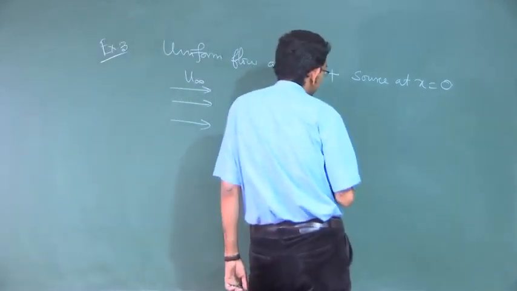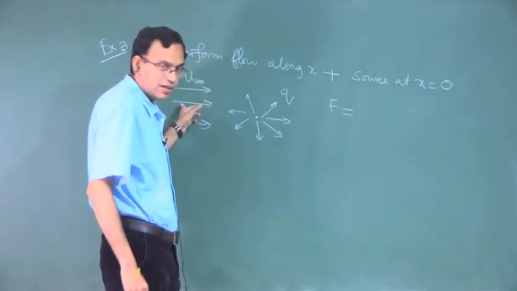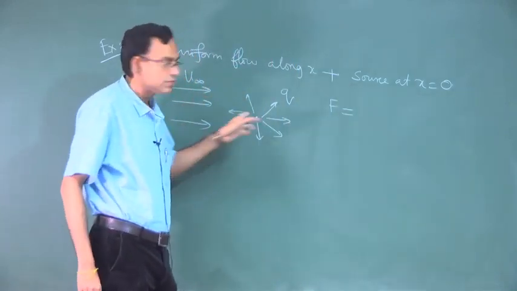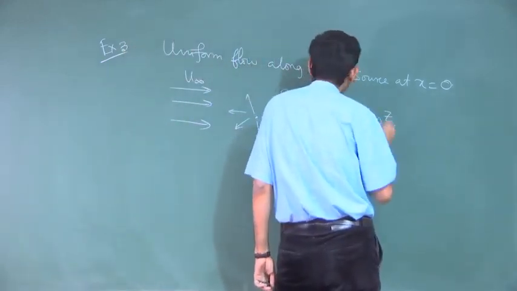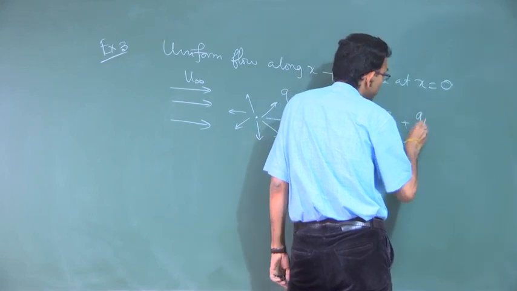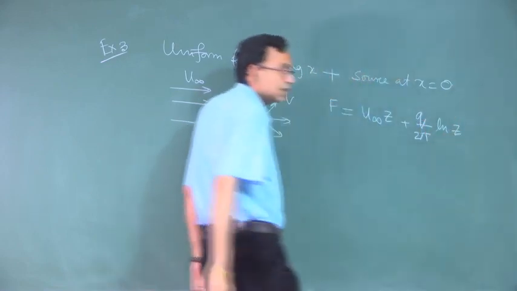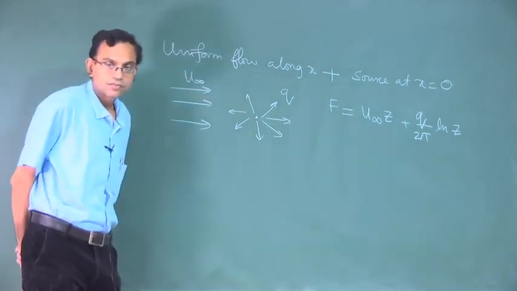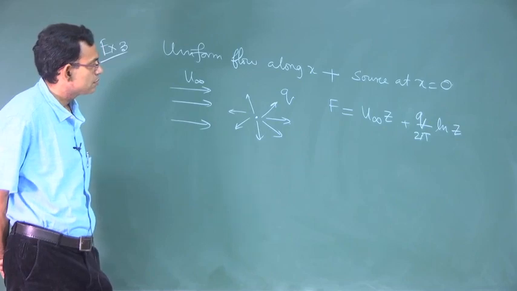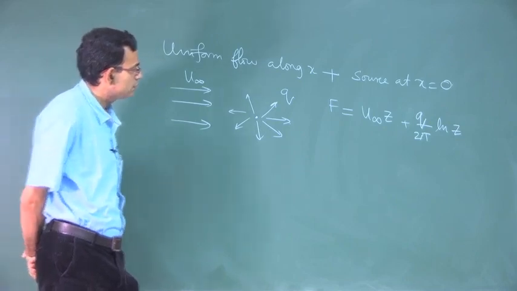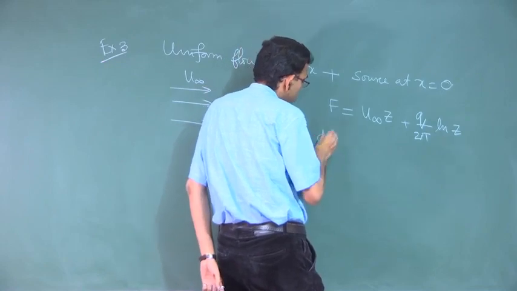So, what is f here? F is equal to f1 plus f2. So, f is u infinity z plus q by 2 pi ln of z. So, what is df dz?